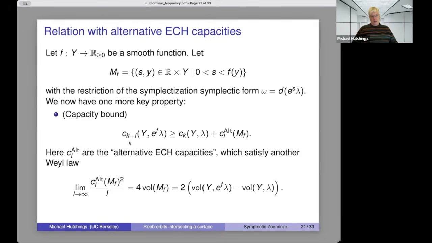So you have to put k plus l here, where k and l are some non-negative integers, and you have k here and l there. And these alternative ECH capacities satisfy another Weyl law, which says the limit of c_k squared over k is 4 times the symplectic volume of this 4-dimensional region, which you can also write in terms of the difference between volumes between these two different contact forms.